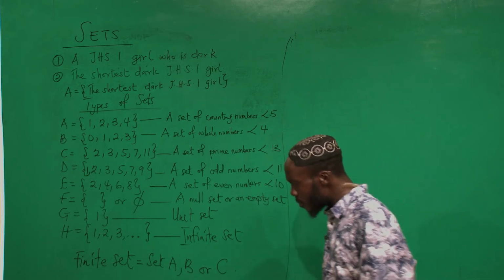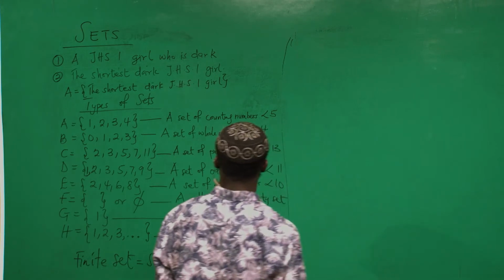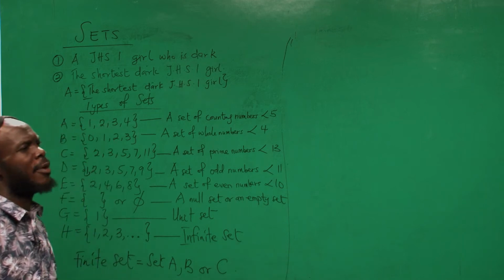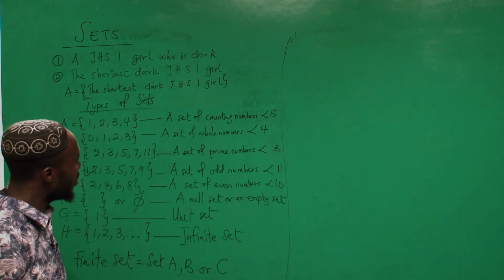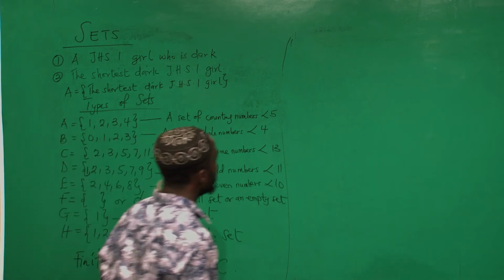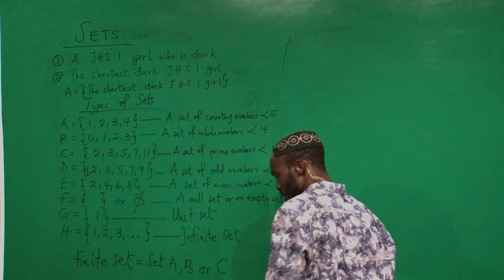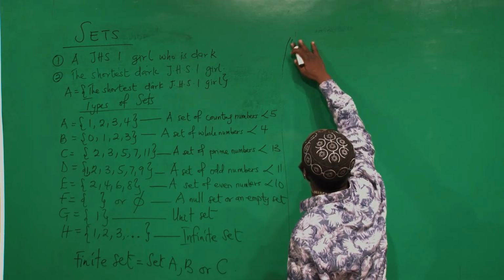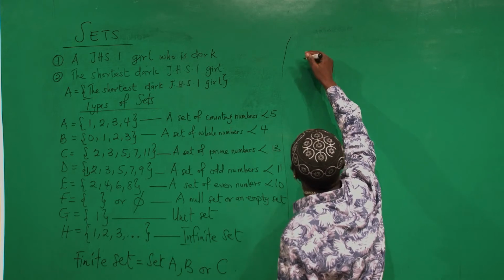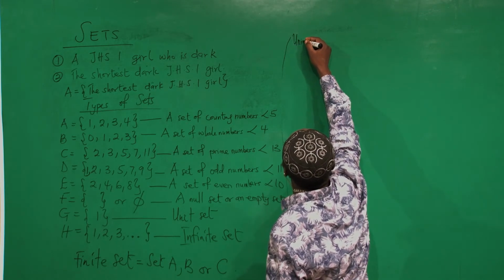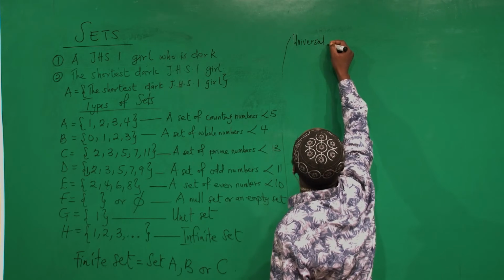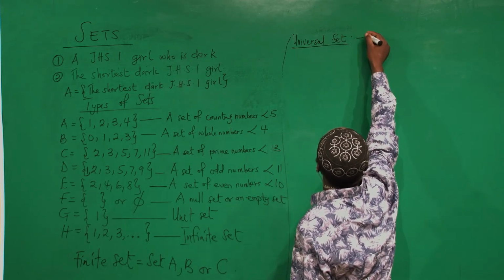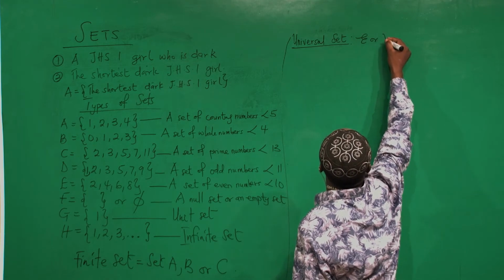Okay. Since we now know some of the types of sets, we are going to also take some 3 sets which are going to help us with some calculations. We call those sets the universal set, the subset, and the complement of a set, and the union. So universal set, it is denoted by this or that.